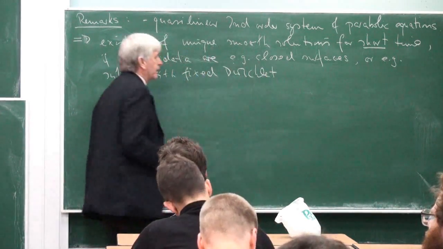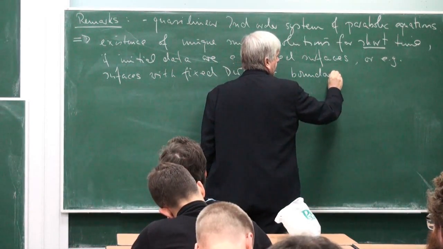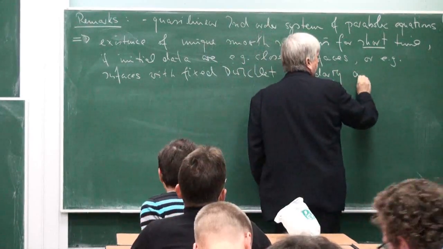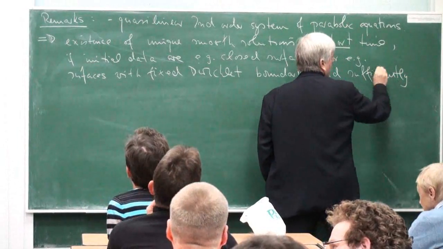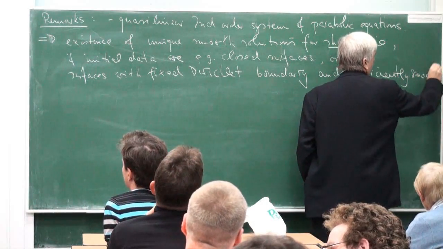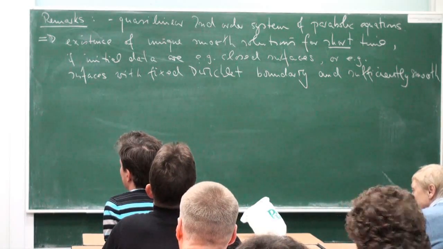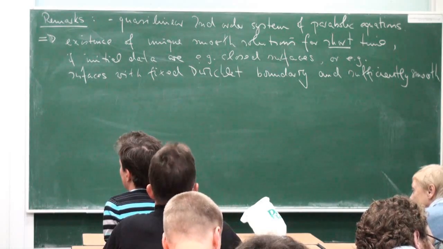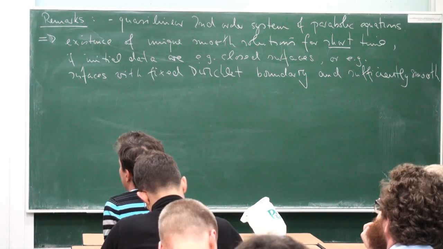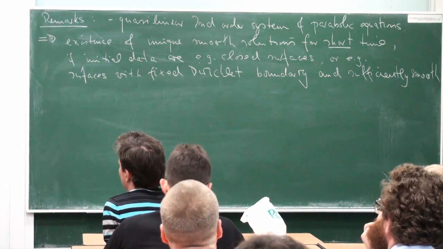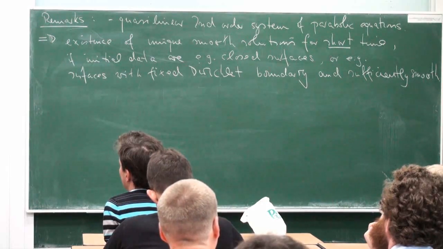So you can fix the boundary, and if the initial data are sufficiently smooth. So the short time existence is more or less completely understood, and it is solved by the implicit function theorem. You have to linearize the problem, and you can appeal then to results about linear parabolic systems to get the short time existence results.